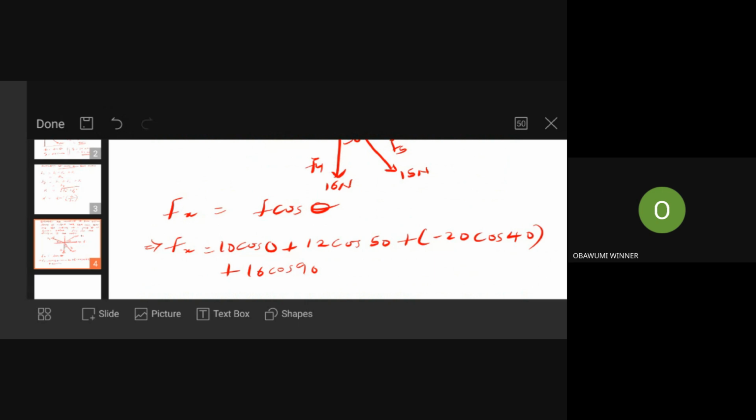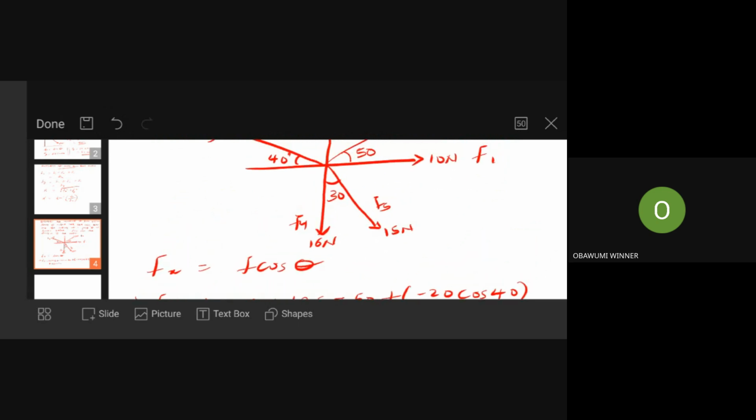So next one, I have that 15 Newton here is inclined. Look at this. This 15 Newton, which is our fifth force, is not inclined to the horizontal, it is inclined to the vertical. So if I say 15 cos 30, I'm going to be wrong. So I need to get what is the horizontal inclination here. Of course, if here is 30, here is going to be 60 without being told.